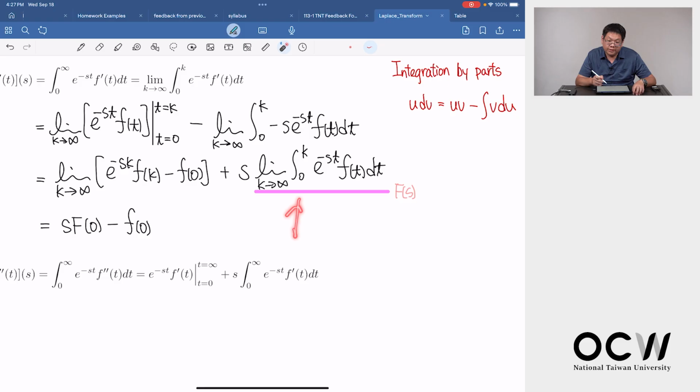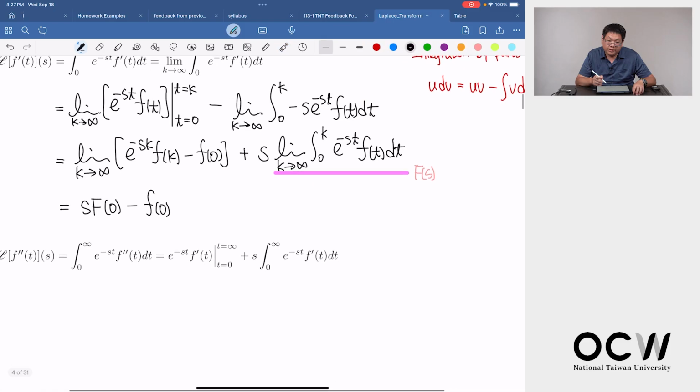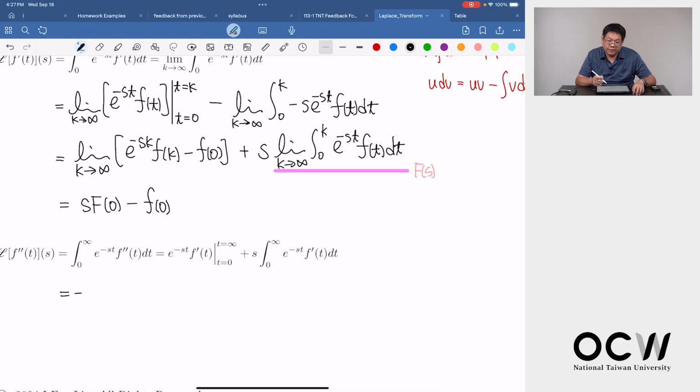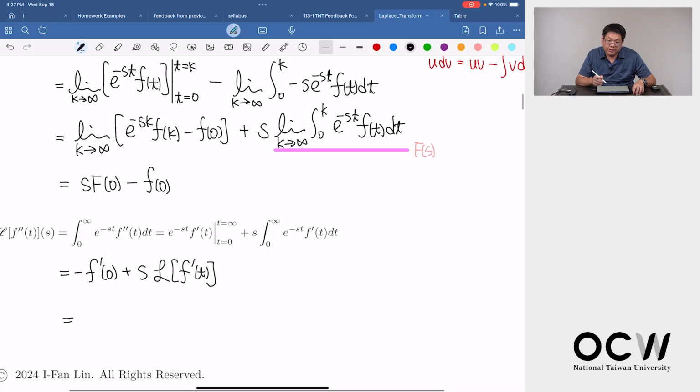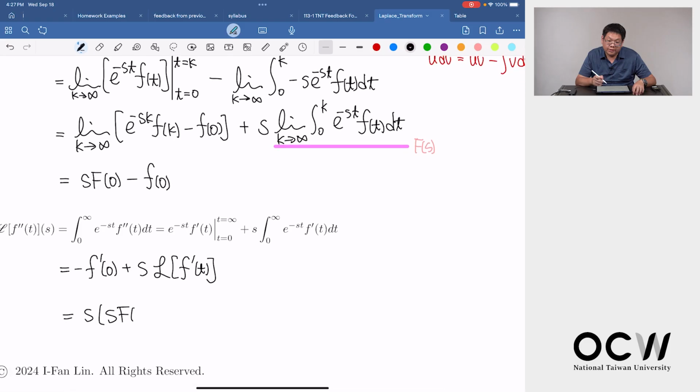Same thing. Then you have minus f prime at 0 plus s times the Laplace transform of f prime. This is the Laplace transform of f prime, right? And then bring this here. We have s times s F at 0 in the Laplace domain minus f of 0, minus f prime at 0.